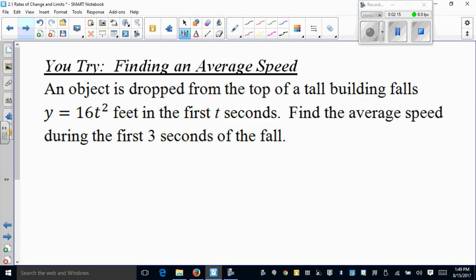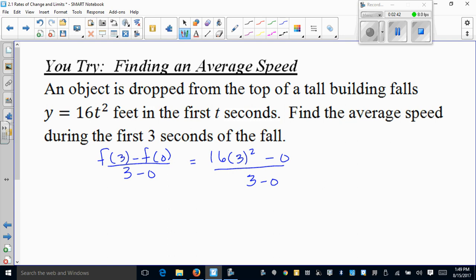An object is dropped from the top of a tall building and falls 16 t squared feet in the first t seconds. Find the average speed during the first 3 seconds of fall. Same idea, this time we're doing f of 3 minus f of 0 over 3 minus 0. So we get 16 times 3 squared minus 0, because when you plug in 0 you get 0, over 3 minus 0.